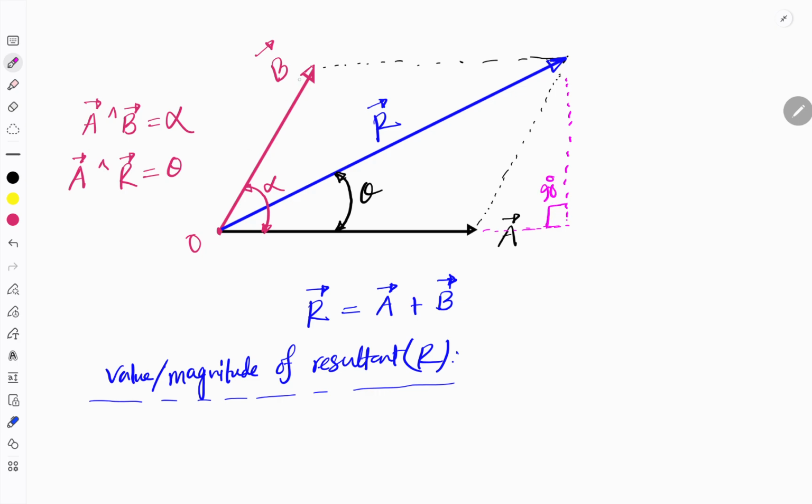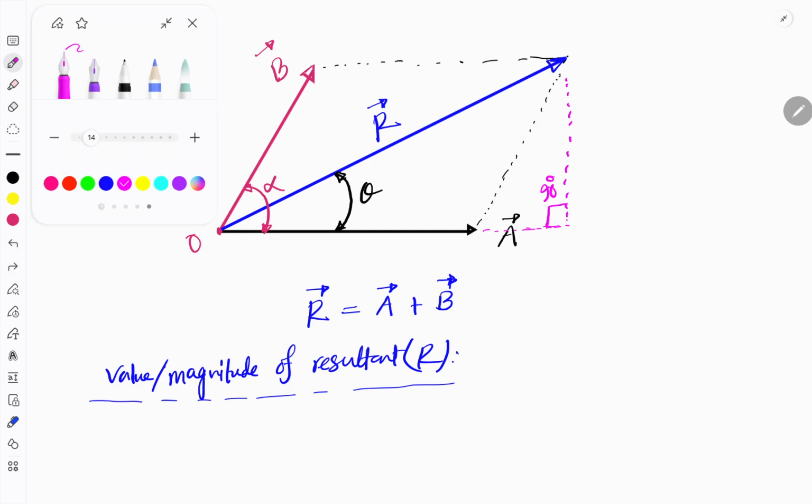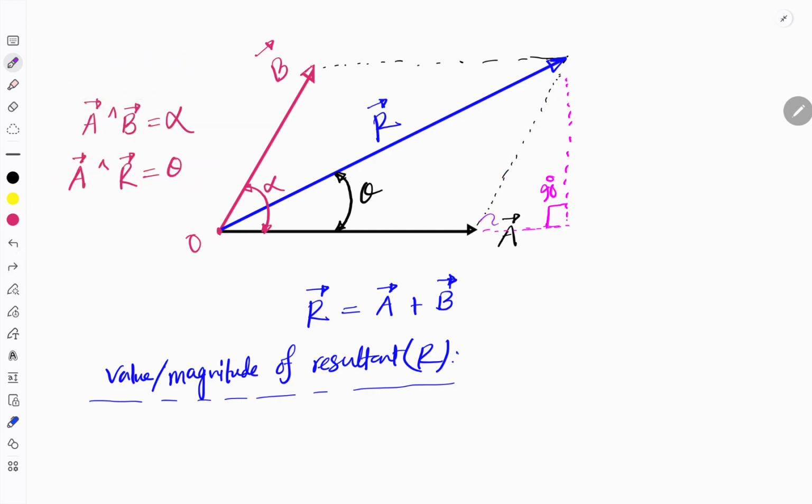If this vector is B, then we can say this vector is also B. You know why? Because a vector can be translated.